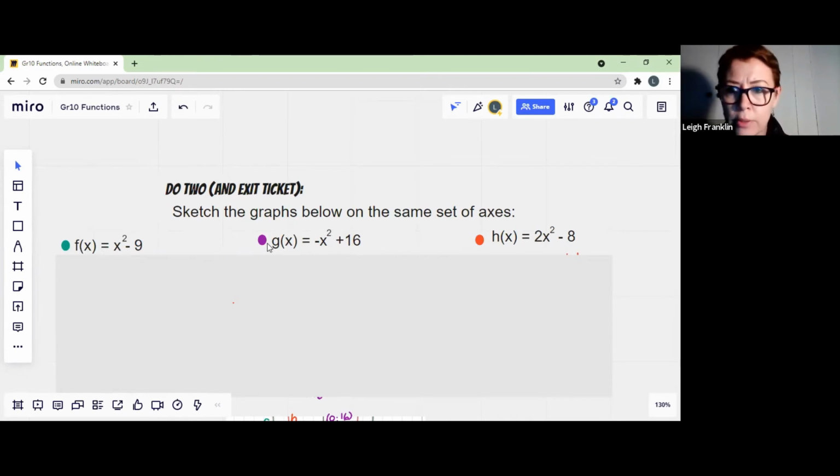The purple is one that's a little bit more difficult, and the orange one is the one that's supposed to be the most difficult. So I want you to see if you can do 2. All right, you can sketch them on the same set of axes. We were talking about that a little bit earlier, and they've each got a name. So one's called F, the other one's called G, and the last one is called H. Right, so I want you to try and see if it's possible for you to do those now, and then we're going to mark them together and talk about our answers.